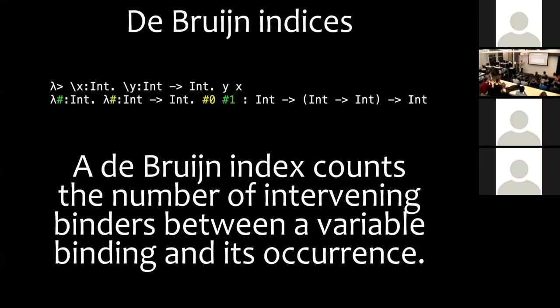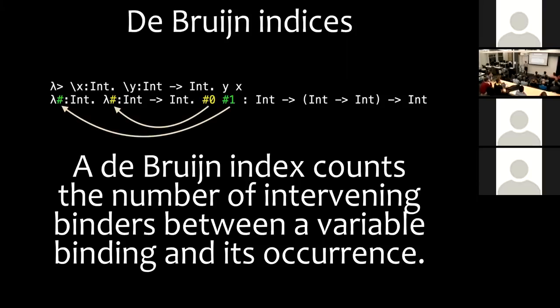Okay, so here's a quick introduction to de Bruijn indices because this is going to be something that we have to revisit a few times during the talk. This is really what the definition is here. So instead of remembering names of bound variables like x and y, which in the end don't matter at all in a lambda calculus program, we just use numbers.